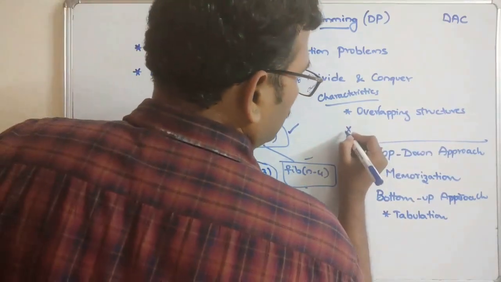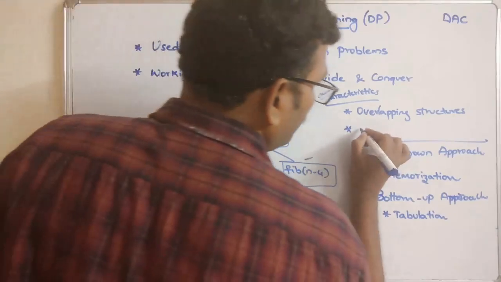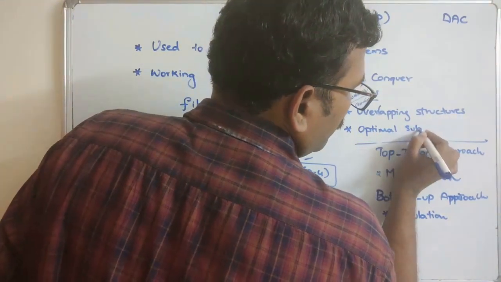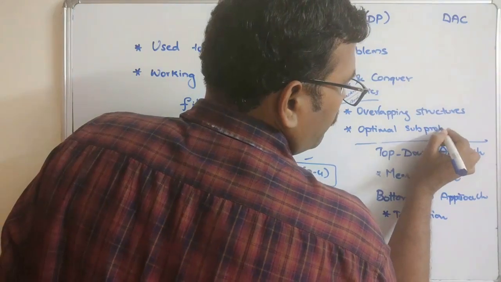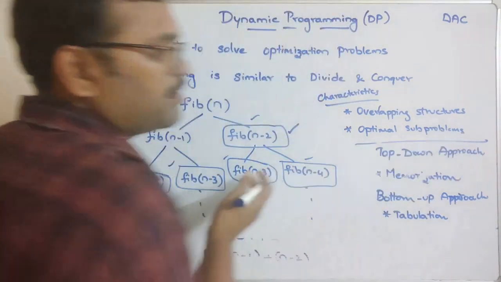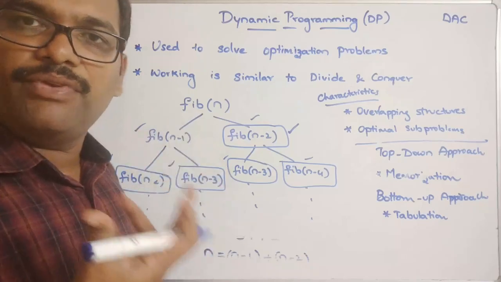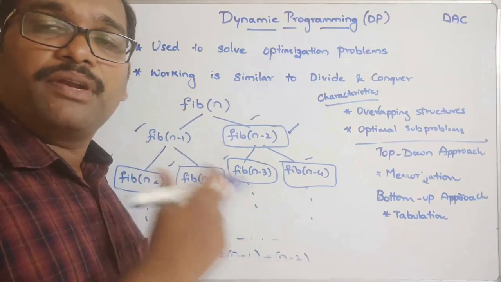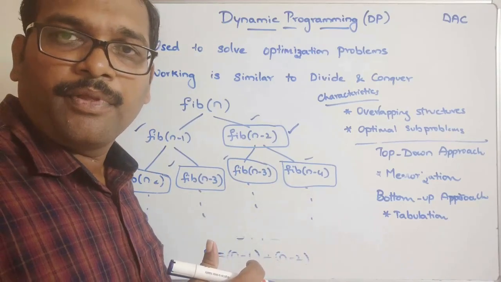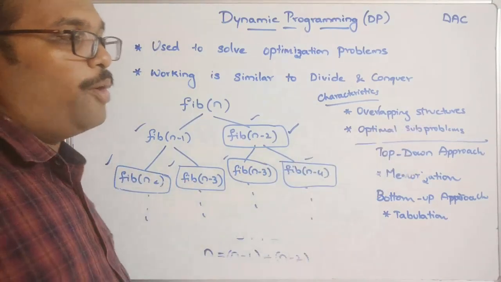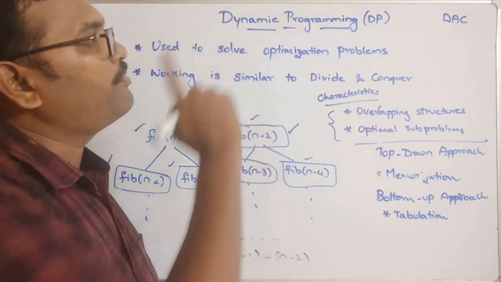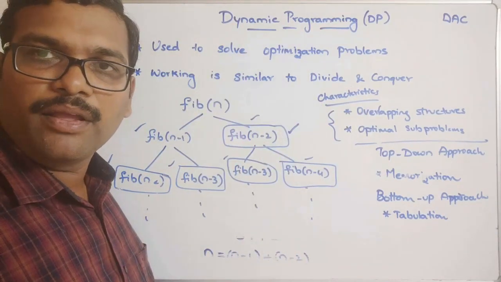And the second characteristic is optimal subproblems. That means, as we discussed just now, consider each and every subproblem, and we have to find the optimal solution for each and every subproblem. That we call optimal subproblems. And these two are the characteristics of dynamic programming.